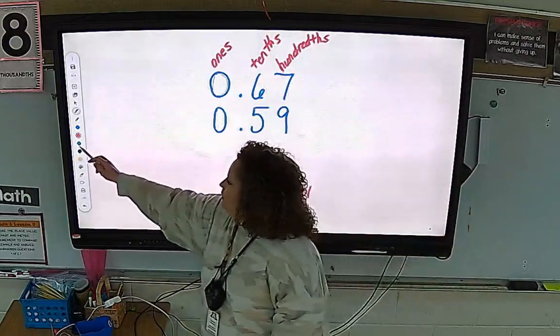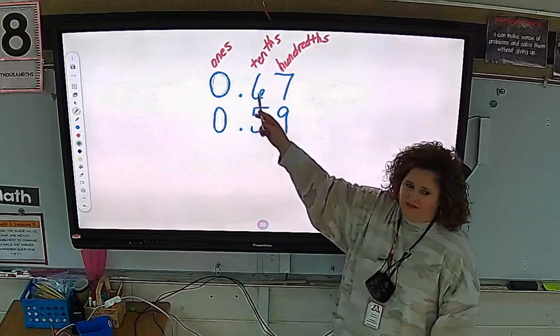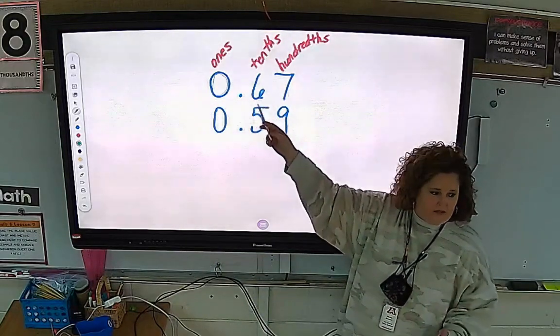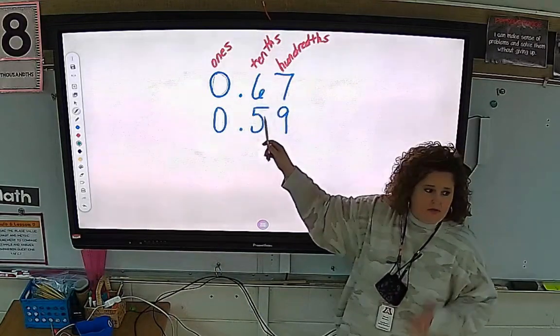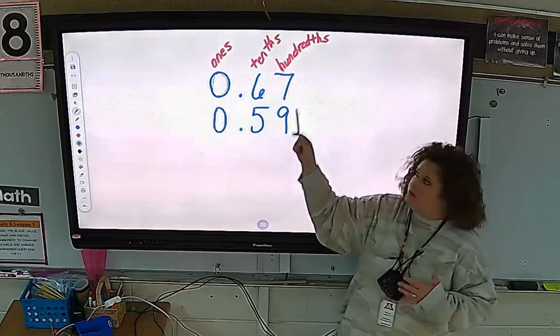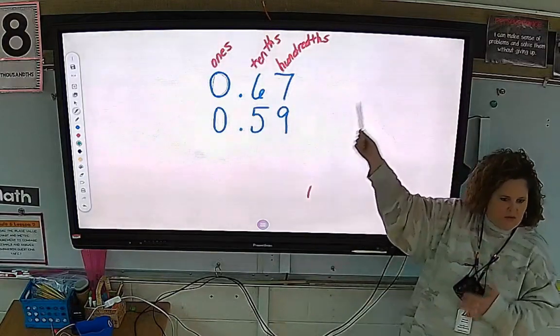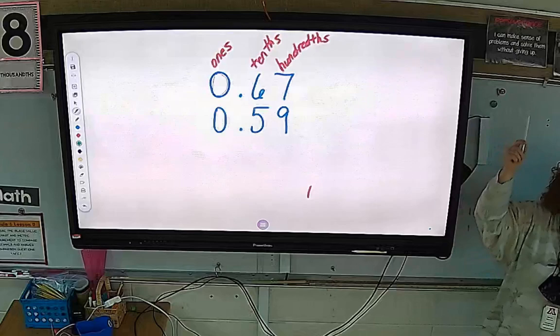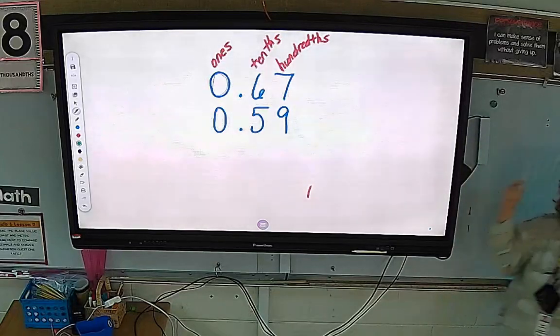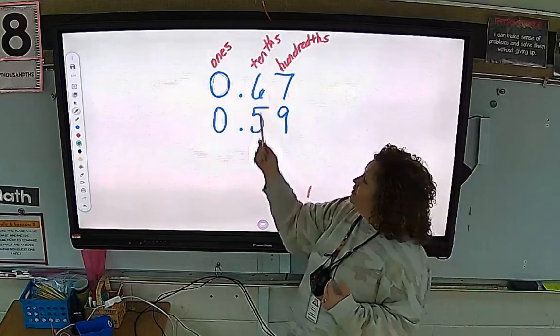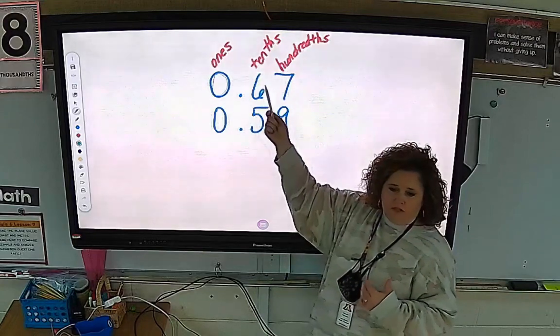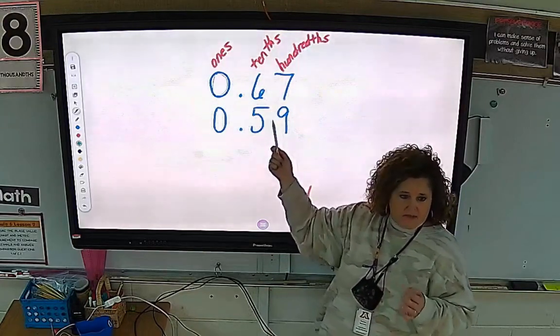Well, since this number has more tenths, this number is automatically larger. Tenths are larger than hundredths. Hundredths are larger than thousandths. As we go this way, we're going to get smaller and smaller and smaller. And so if there is a number that has a larger number here, then it's bigger.